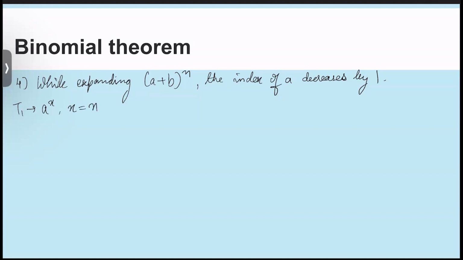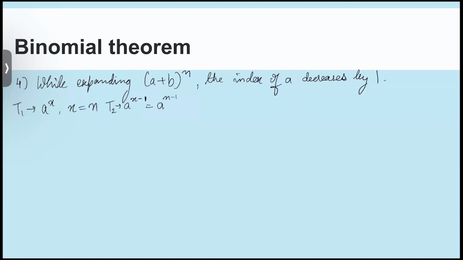Then in T2, you will have x minus 1. So your power, the index, decreases by 1, and over here you will have A raised to n minus 1. This is what we have always seen, that this pattern is followed.